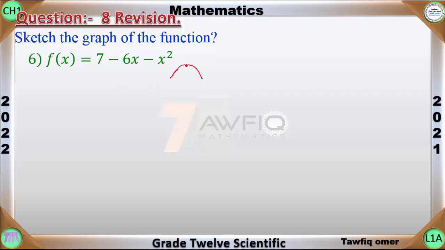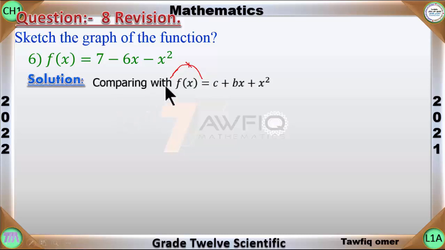Here is the vertex. We must first find the vertex. Comparing with f(x) equals c plus bx plus ax squared, we find that c is 7, b is -6 and a is -1.